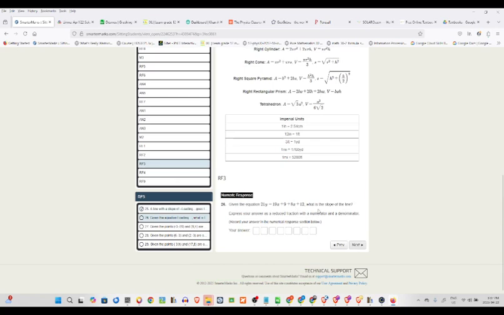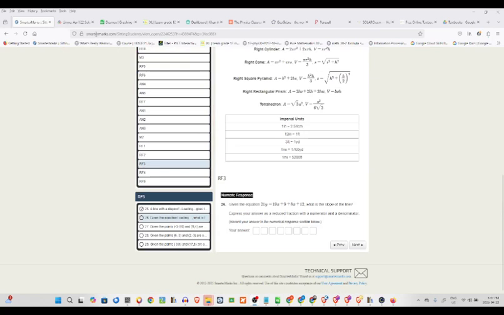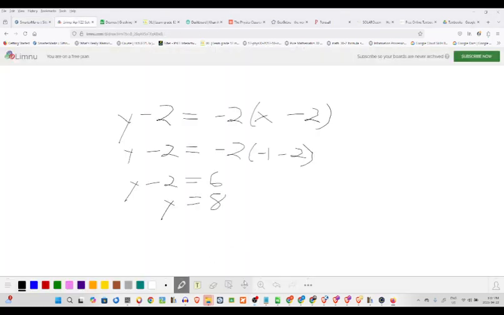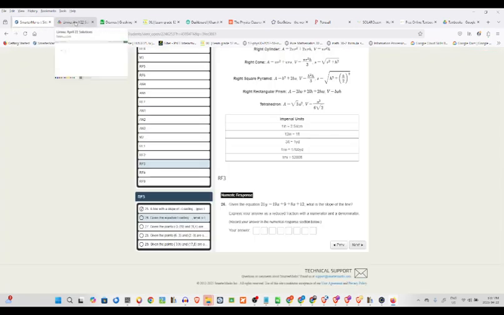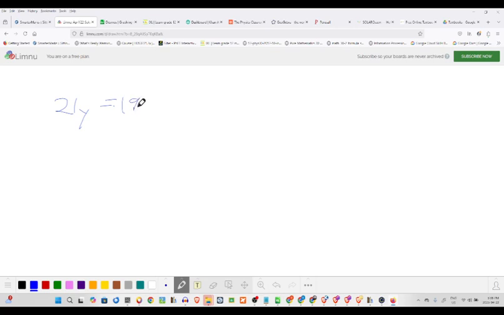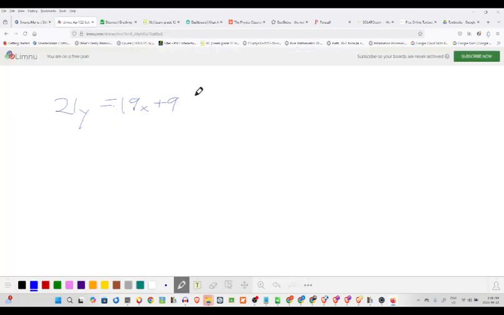Now, given this equation, what's the slope of the line? For that, we are going to have to simplify. So we have 21y, 19x plus 9, plus 8x plus 12.